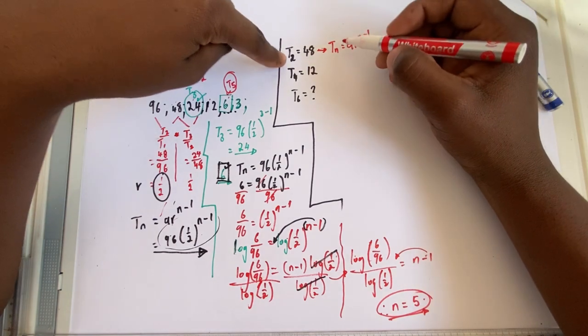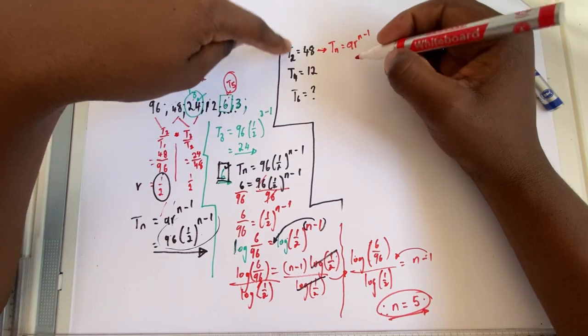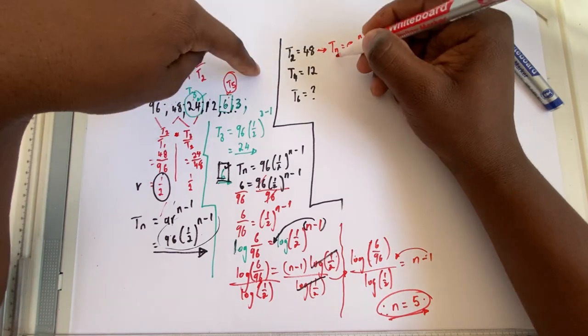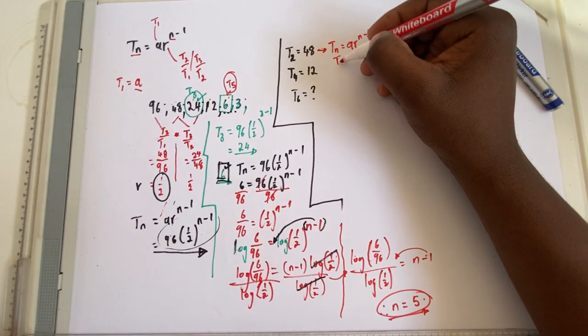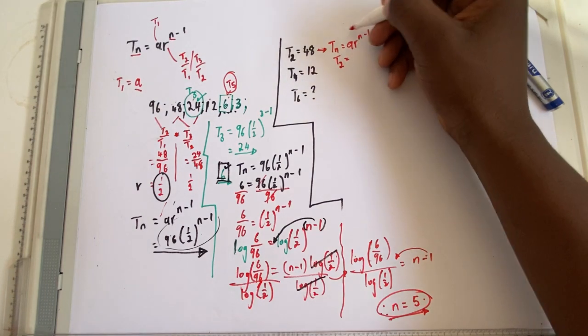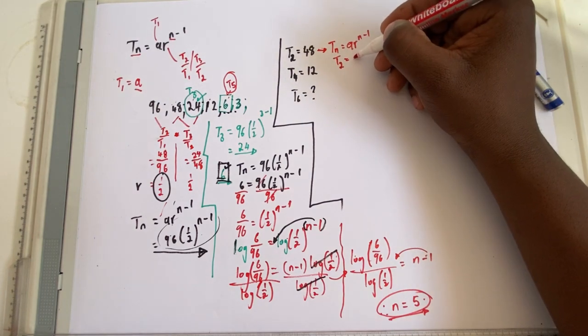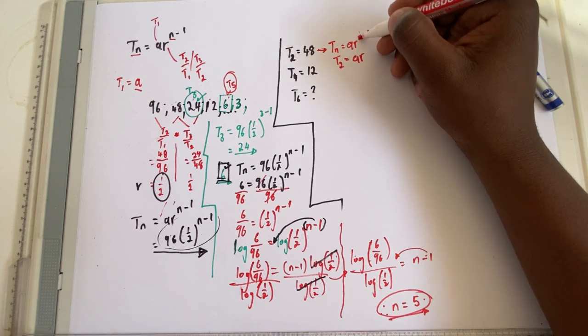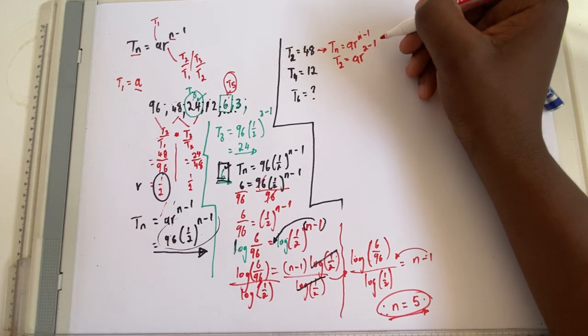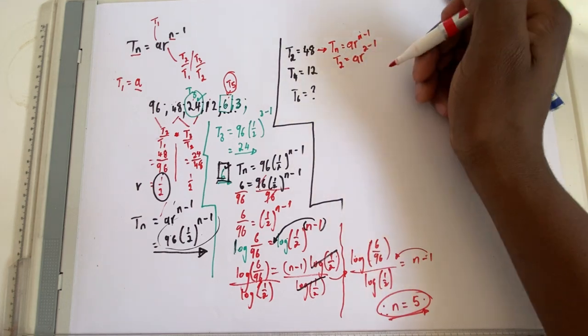Where there is 2, I put n, because I know term number 2. Term number 2 is going to be Ar^(n-1), and my n is 2, so it will be 2 minus 1.